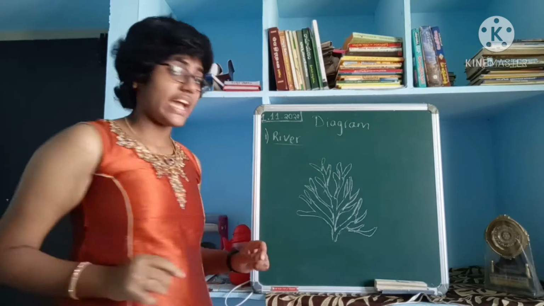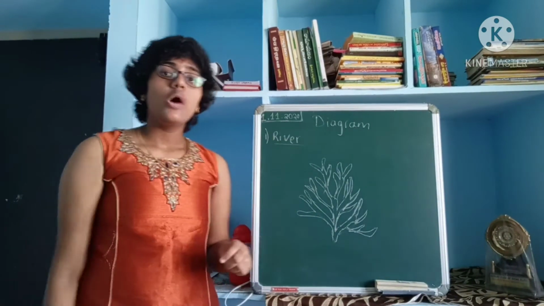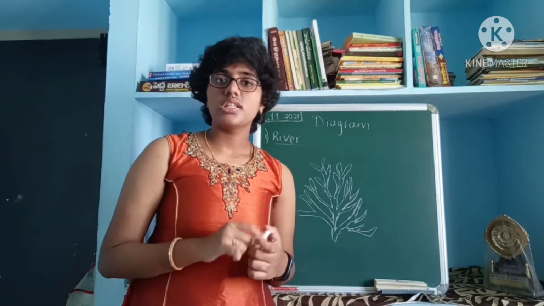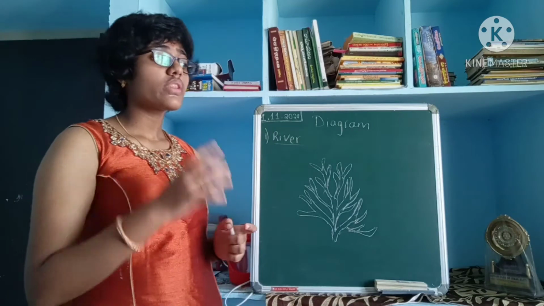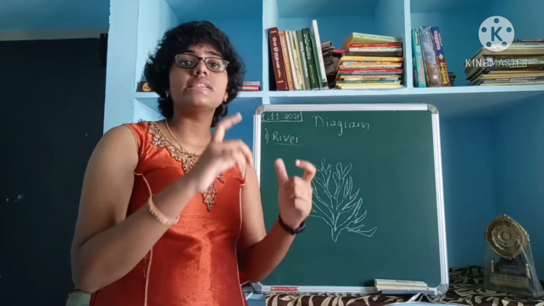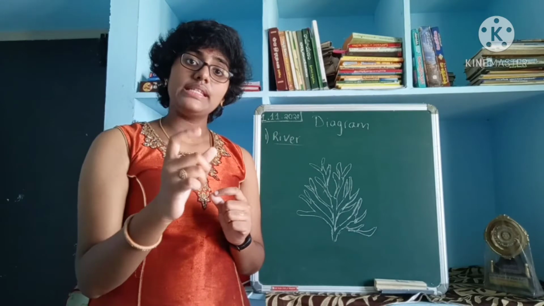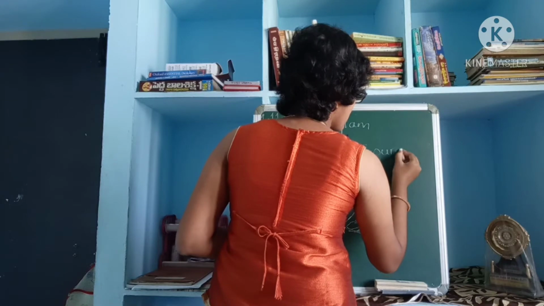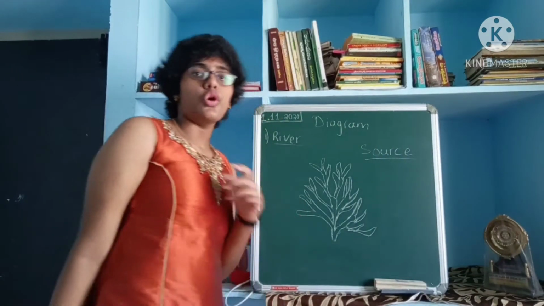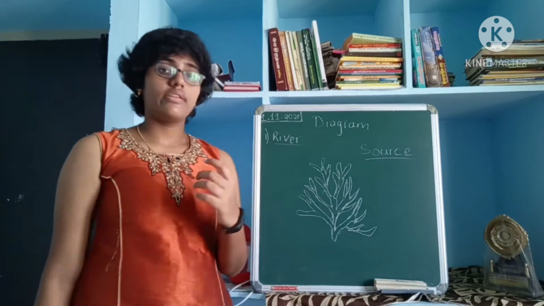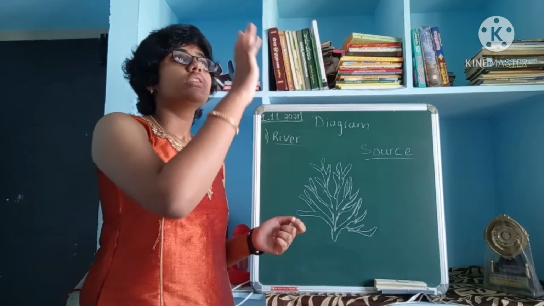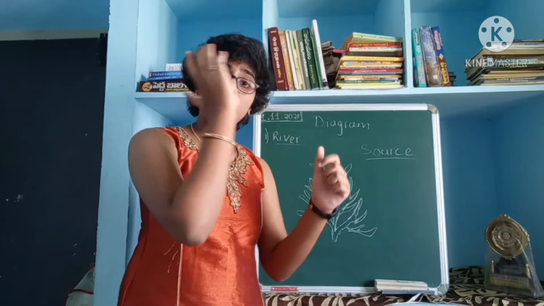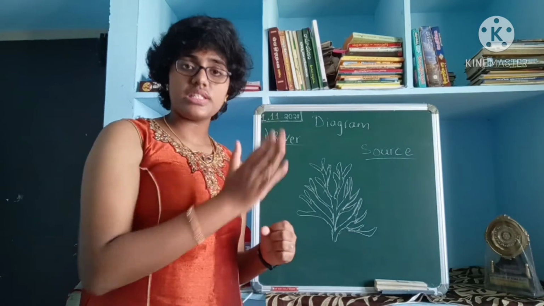Now, before going to the diagram, first we should learn what a river is. How does a river originate? A river is a water body, right? These rivers come from their sources. The place where a river originates is known as its source. Rivers flow if there are heavy rains, or in the summer season near the mountain ranges, the snow melts away.